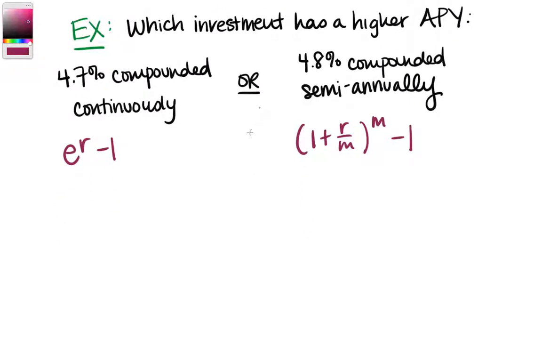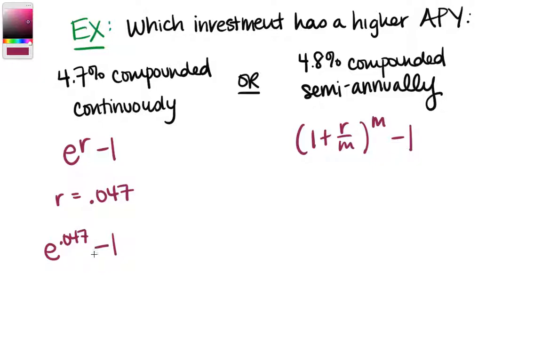Let's fill in our variables here. R is 4.7%, written as a decimal, that's 0.047. And then we want E to the 0.047 minus 1. We plug that into the calculator, making sure to use the E button on the calculator. And as always in these finance problems, you never want to round off until the very, very end.